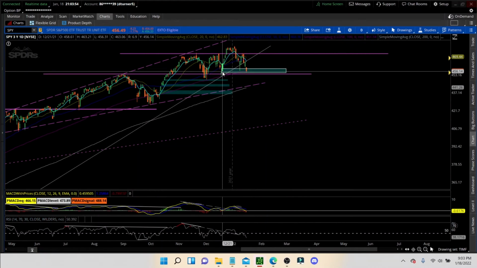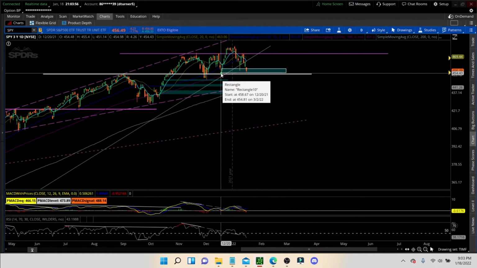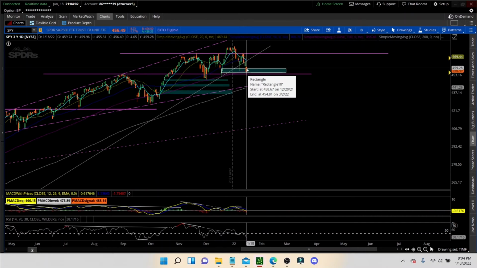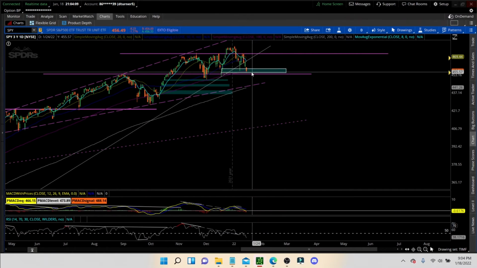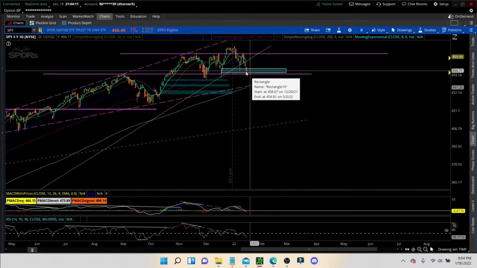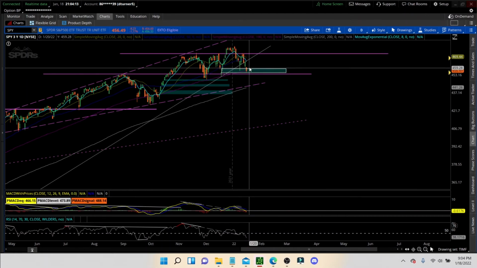I do believe we may have, let's see, closing price on this candle is 454.98, and the low on here 455.31. So we didn't quite fill that gap all the way. Pennies do matter. It's not a coincidence. So we may get our bounce here.